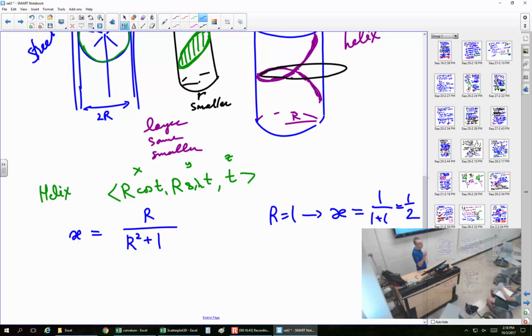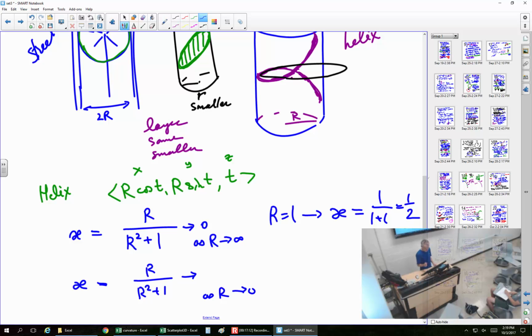If r goes to infinity, what's the limit? 0, yes, 0 as r goes to infinity. And in the meantime, what if r goes to 0? Where does this one go? That's 0 as well.